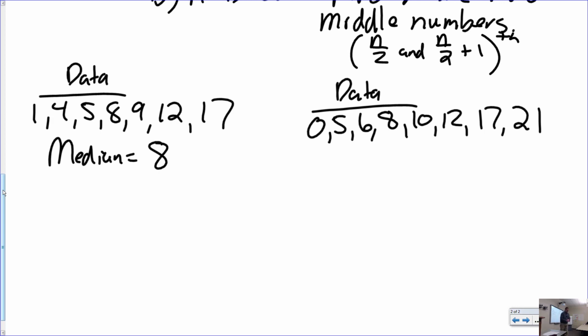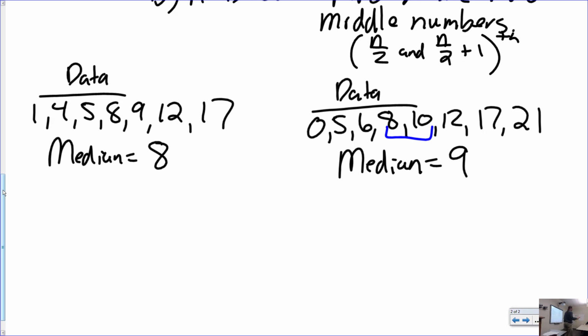What's the median here? So note, a lot of times people can sort of assume that the median is always a number in the set. Please note that it may not be if the number of numbers you have is even, right? So in this case, the two middle numbers are 8 and 10. The average of 8 and 10 gives you 9. Okay?